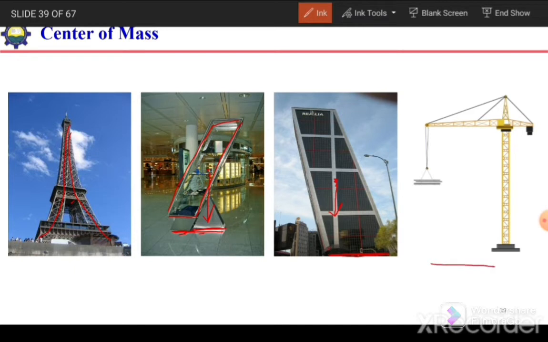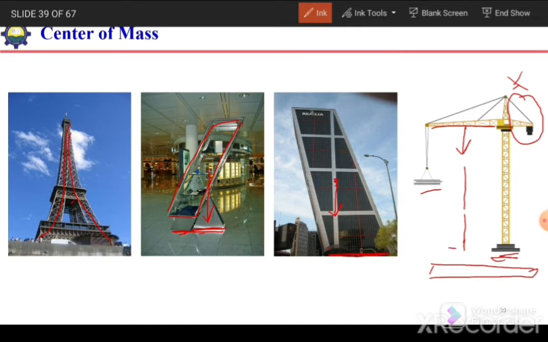The last figure is very interesting for understanding the concept of center of mass. In the case of a tower crane, if we reduce this portion, the center of mass of this whole structure, including this weight and the weight of this beam, will lie somewhere over here, away from the supporting area, so this structure will topple over.